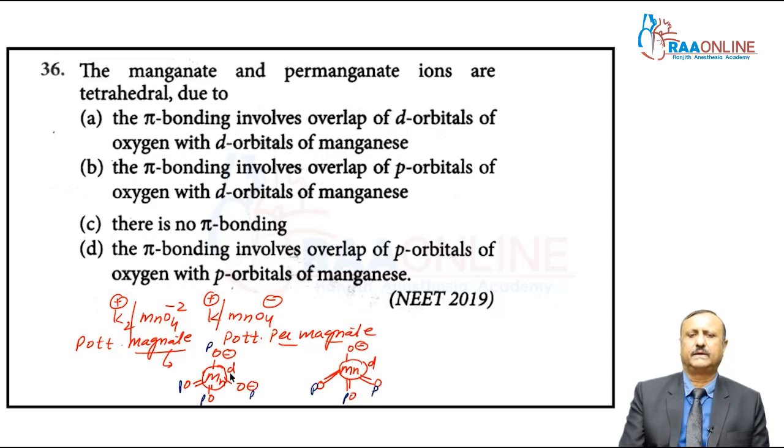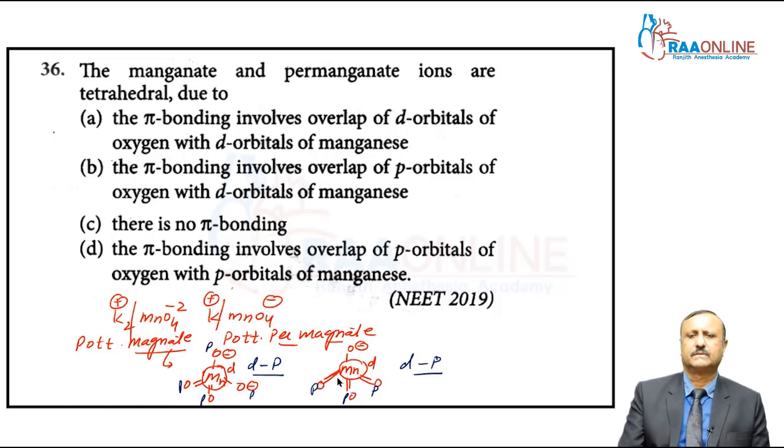Here you can see the d orbital is present in manganese and p orbital is present in oxygen. So, my dear students, d and p overlapping is present in this manganate as well as d and p overlapping also in permanganate.